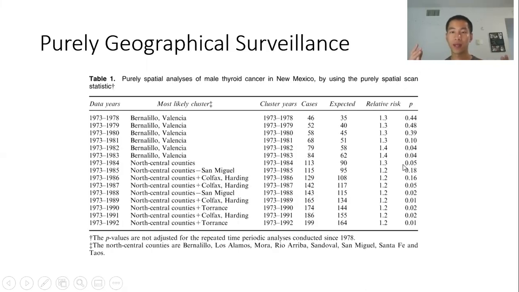Then the author applied this purely spatial analysis on the whole dataset. He made such a table. Notice that in this table, the last 5 rows are statistically significant.